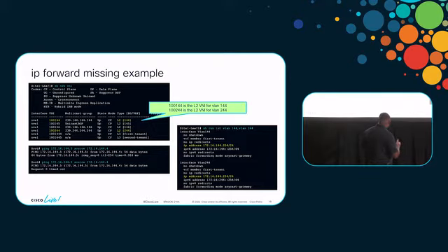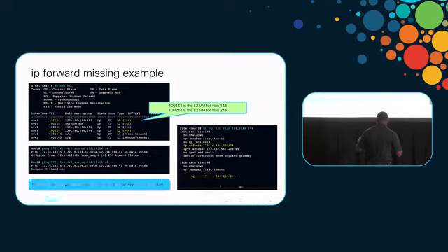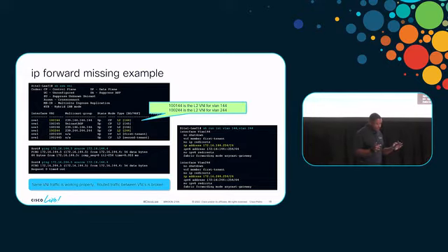What we see here is that pings within that same VLAN or VNI are successful. However, pings between different VLANs are not successful. And so that's ultimately going to be our symptom when we have that IP forward command missing: inter-VLAN traffic is going to be broken.